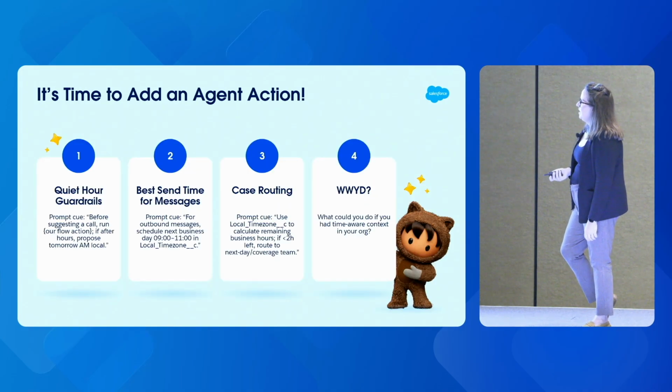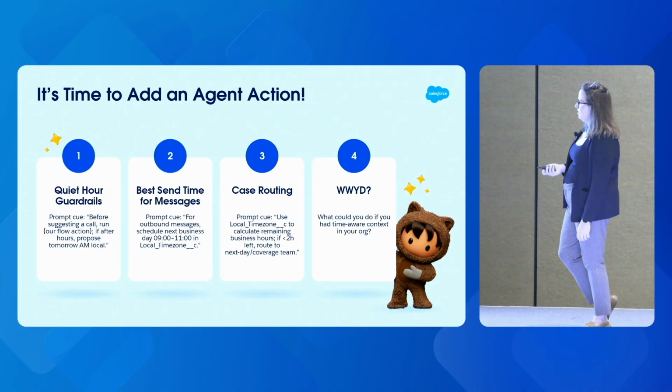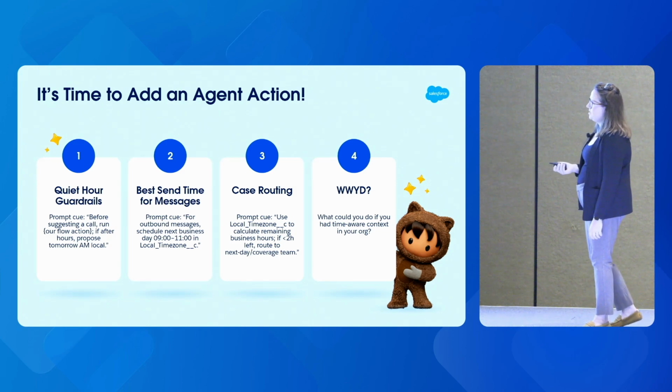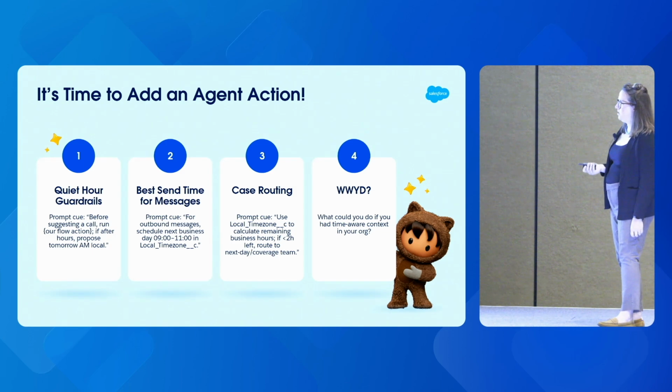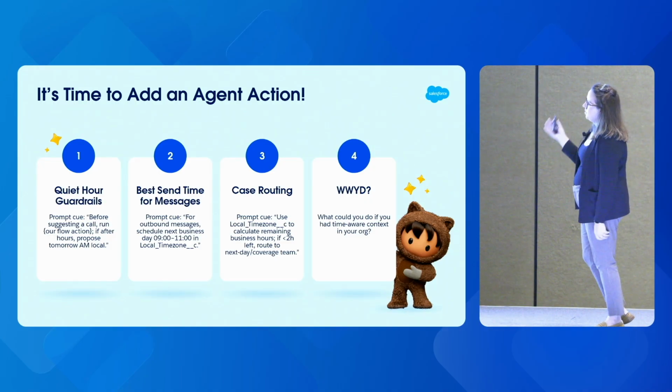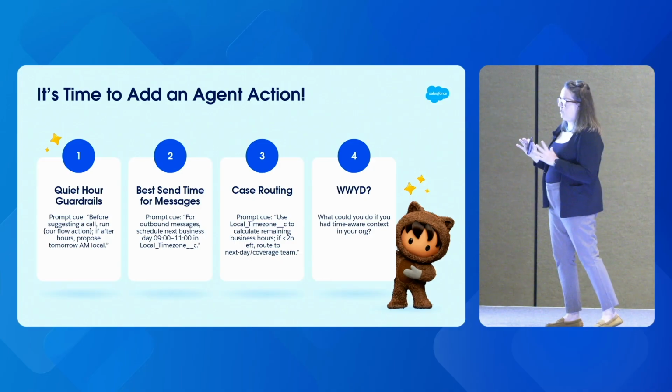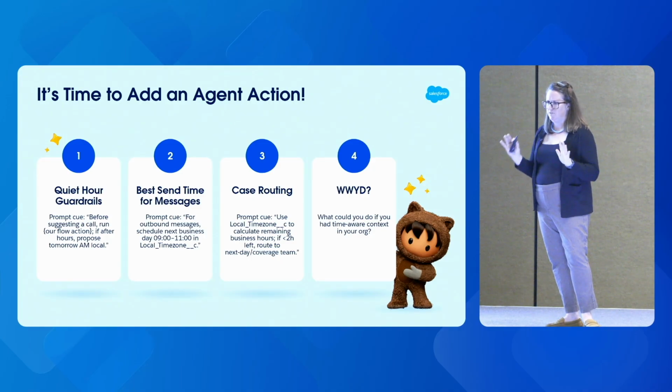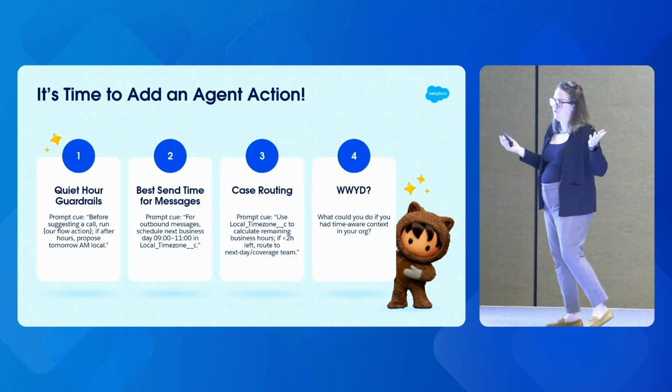All right, time to get to our agent action. So we're not going to do all of these things. We're going to focus on number one. But I did try to think of some other ways that just this time zone stuff could be useful. So we're going to focus on number one, the guardrails. So, hey, I'm trying to send an email. I find that AI never tells you no. So if I'm trying to send an email at midnight, it'll say, okay, yeah, let's do it.